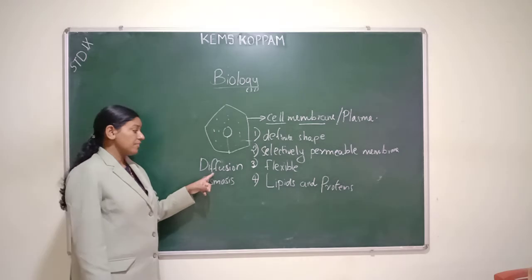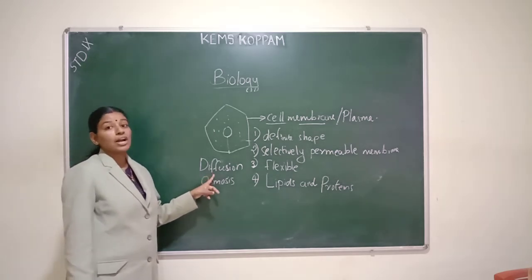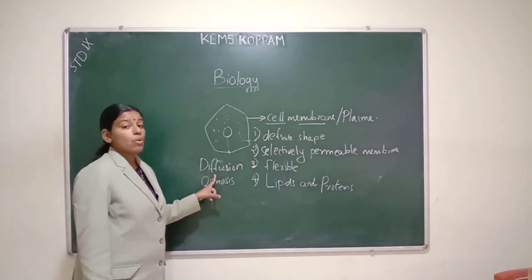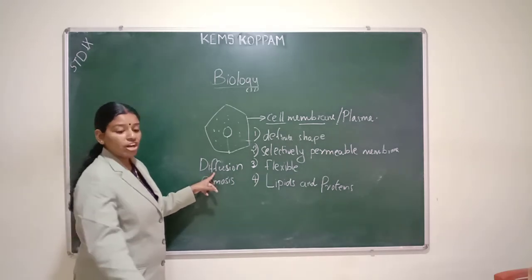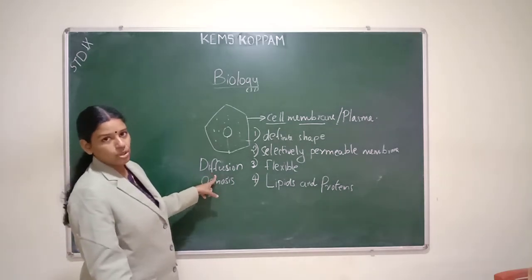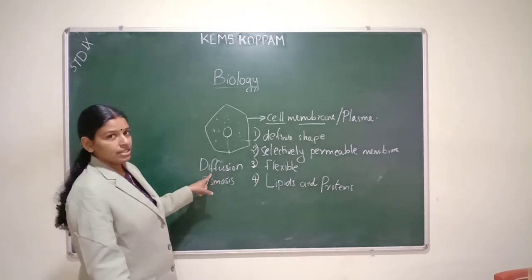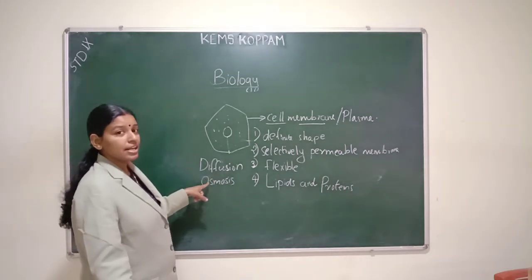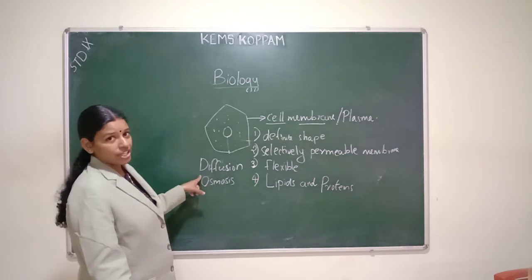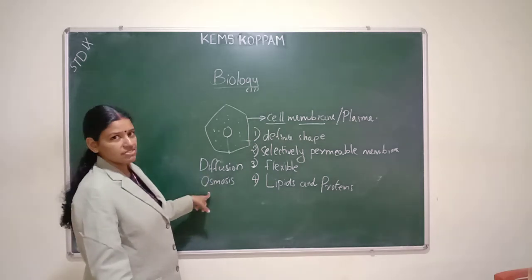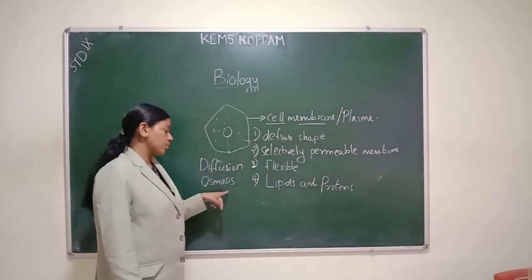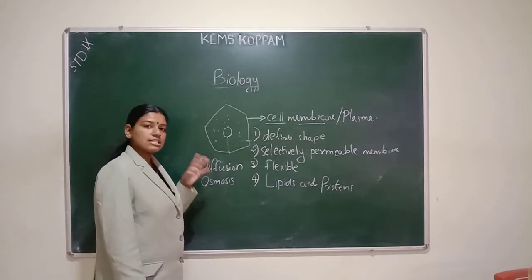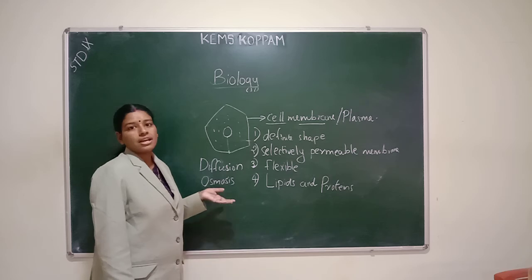Okay. So, I will tell you one example. In the case of aquatic organisms and aquatic plants, the entry of oxygen and so on takes place by diffusion. For organisms in water, it will be osmosis as water molecules are entering. Sorry, diffusion is for gaseous molecules. By osmosis, water molecules enter the cell.